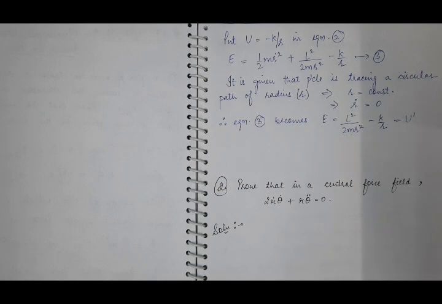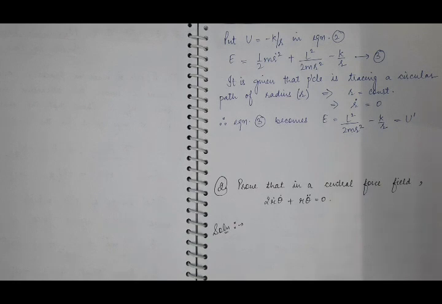And one more thing which we know is that when the particle moves along the circular path under the inverse square force, at that time its total energy is equal to minimum potential energy. That is, U dash is minimum in case of circular path.